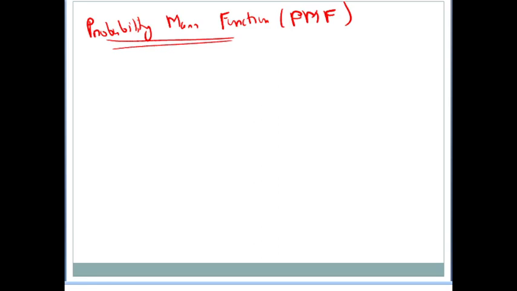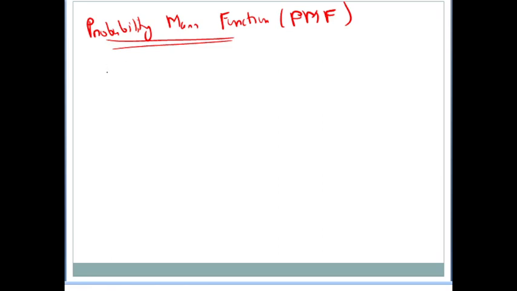Whenever we are discussing the probability mass function, this can be defined as a function that relates the random variables with the probability of the events, or probability of the random variables.